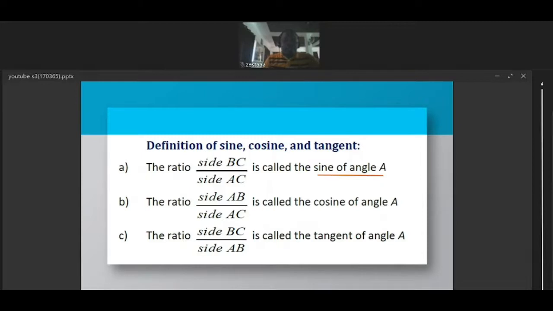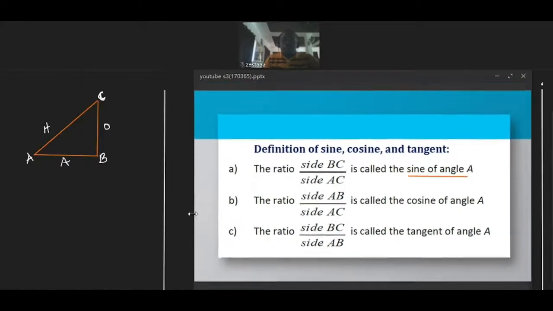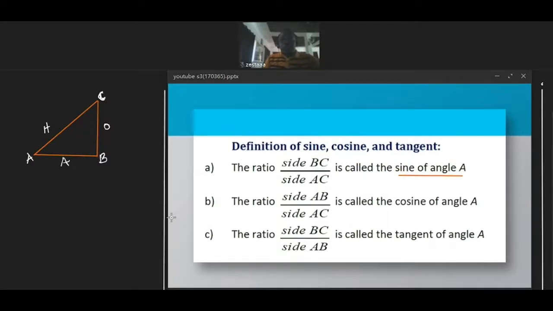So we say this is the hypotenuse, this is the opposite, and this is our adjacent. That is what we first saw in our introduction part. Getting on, this is our angle A, and this will be our 90 degrees.